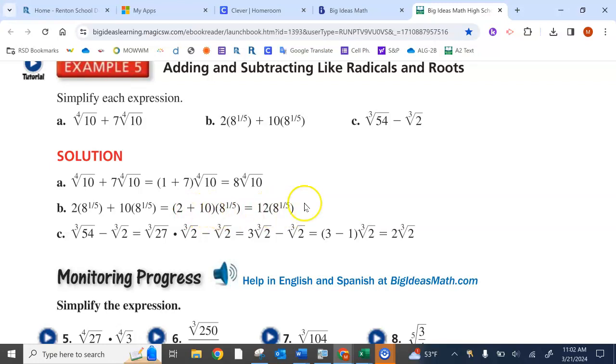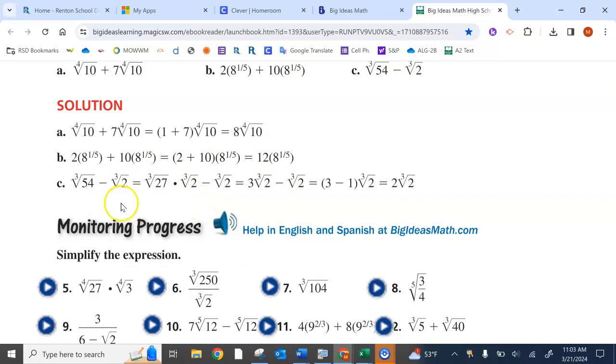Same thing over here. Now, what's this though? This is a little bit weird. What is C? They don't look like they're exactly the same, do they? But what have they done on C? They broke it down because they were simplifying. Remember, a cube root you could simplify out.